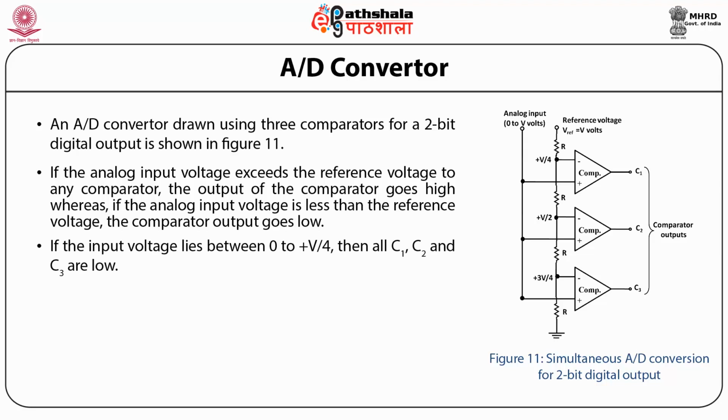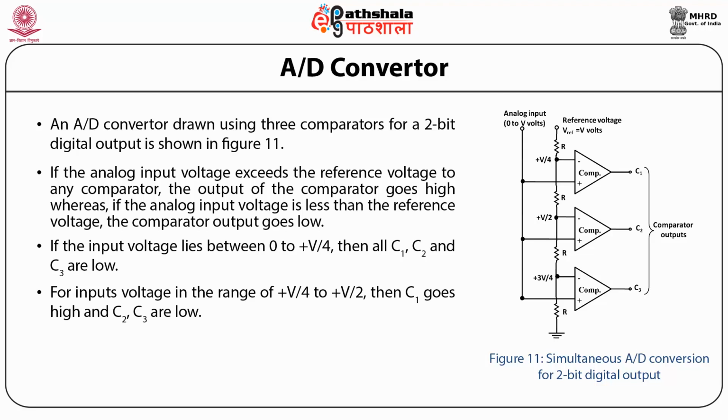If the input voltage lies between 0 to plus V by 4, then all C1, C2 and C3 are low. For input voltage in the range of plus V by 4 to plus V by 2, C1 goes high and C2 and C3 are low.